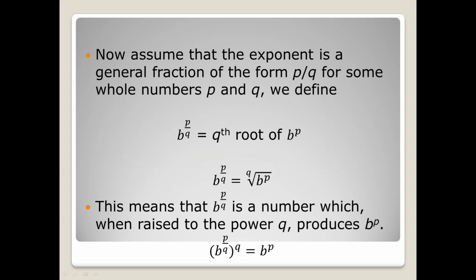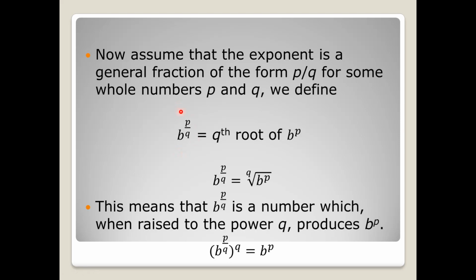Now, let's assume that the exponent is a general fraction of the form p over q. It's not only 1 over n, it's a fraction between two whole numbers, p over q. So we define here b to the power p over q as the qth root of b to the power of p.